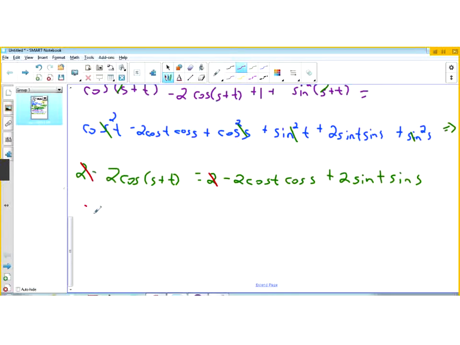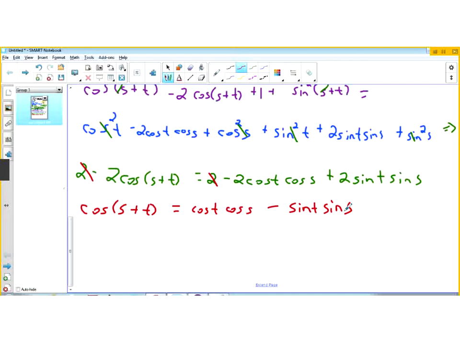Then dividing both sides by -2, we have cosine of s plus t equals cosine of t cosine of s minus sine of t sine of s, which is what we want. So we have a relationship then.